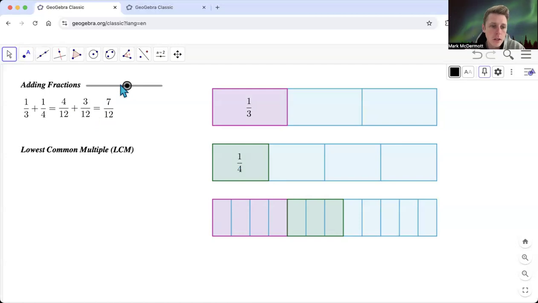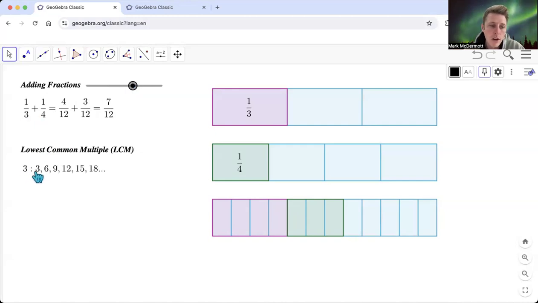Okay, let's have a look at how we could come up with that idea of 12. Why did I pick 12? Well, this idea is called the lowest common multiple, or the LCM. So a multiple of a number is just like your times tables of that number. If we took the multiples of 2, there'd be 2, 4, 6, 8, 10, 12, and so on. So in our case, we're interested in the multiples of 3 and 4.